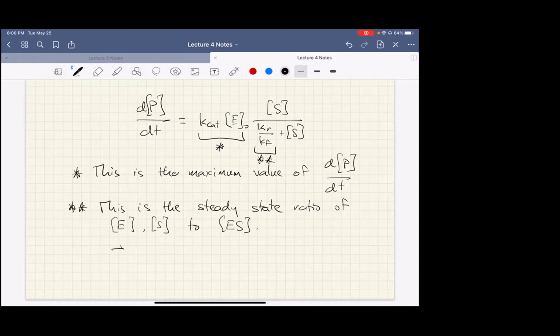This has a special name, it's the dissociation constant.